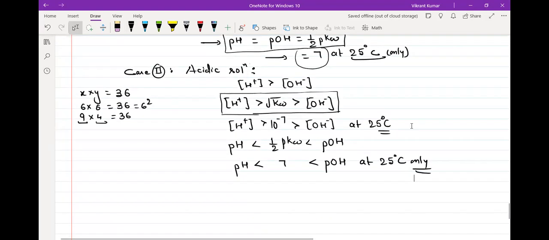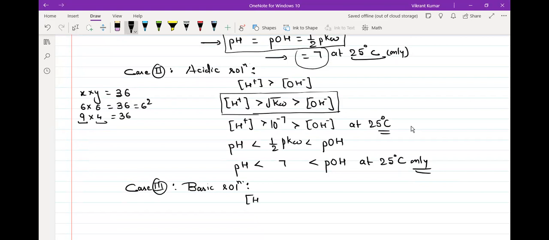Similarly, the relation that came here, exactly the opposite will come in case 3. If I am talking about a basic solution, so exactly the opposite: H plus will be less, OH minus will be greater, and that's why we will say H plus will be less than root Kw, OH minus will be greater than root Kw, and this has value 10 raised to minus 7, but at 25 degree C only.